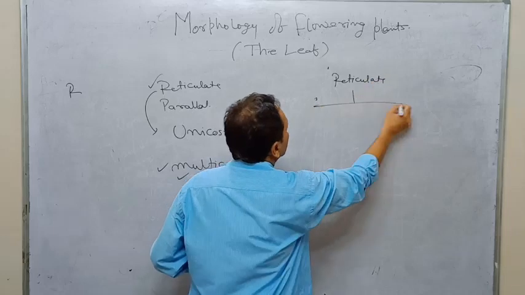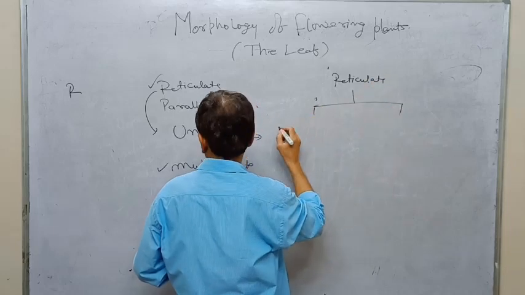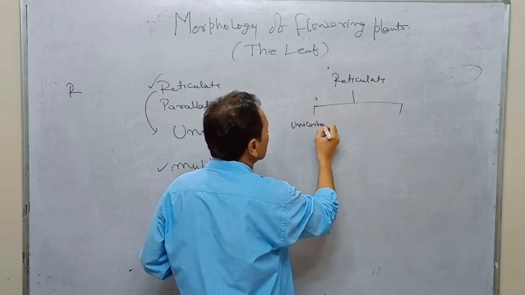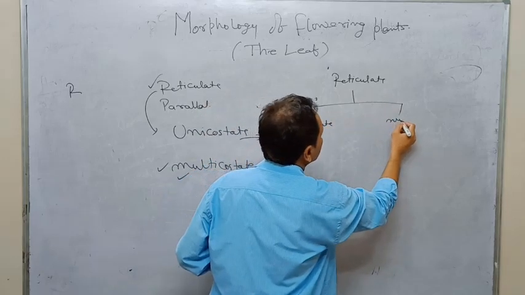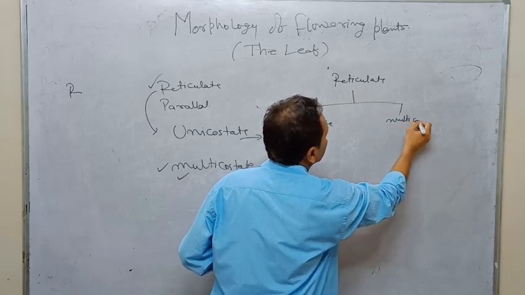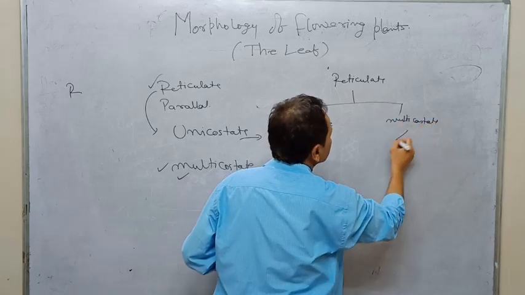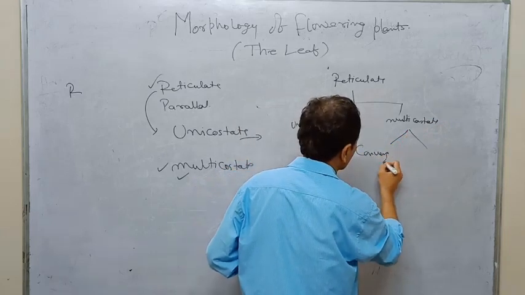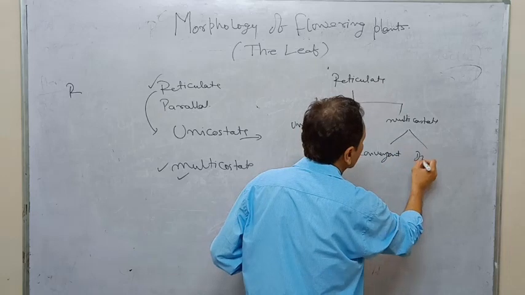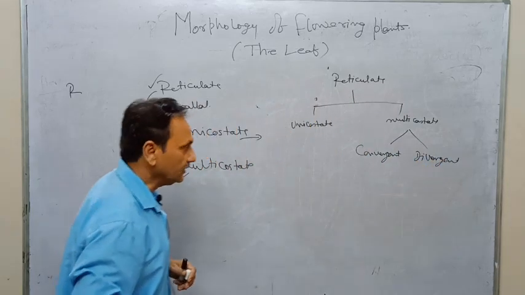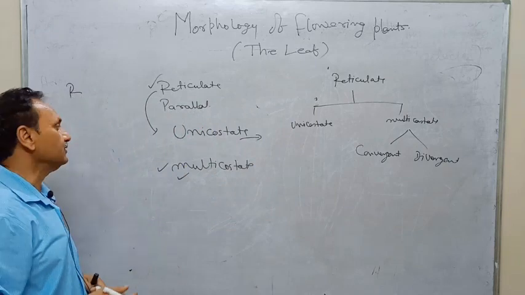Reticulate venation is of two types, unicostate and multicostate. And multicostate is of two types, convergent and divergent. These are the two types, just as we have discussed with the help of the figure.